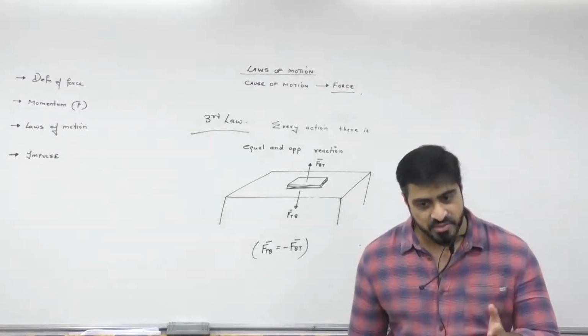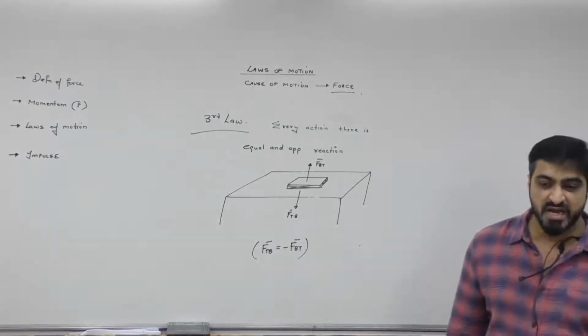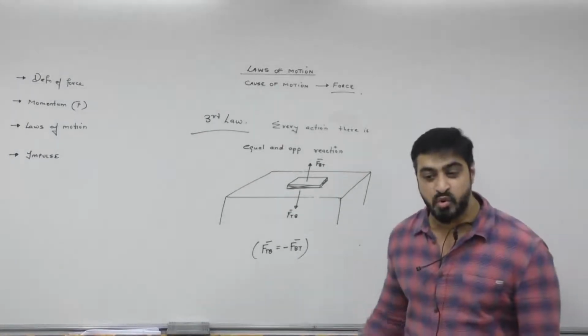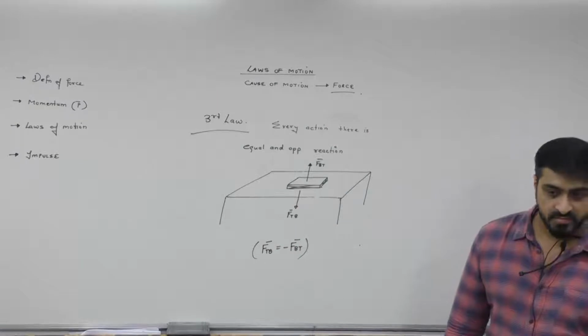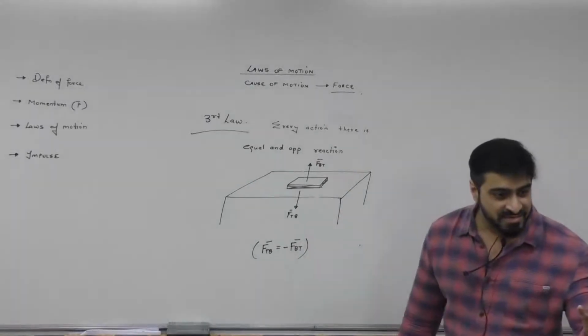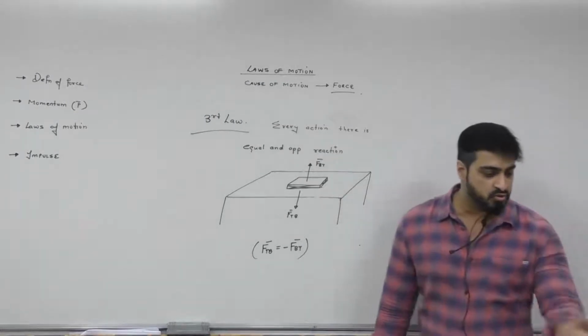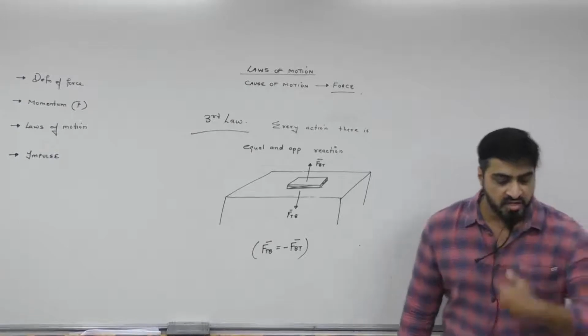Listen, why? I'll give you all your answers now. This is what I am telling you, it is the third law. They will not cancel out each other because they are acting on two different bodies. F_TB is acting on the table. F_BT is acting on the book. How can they cancel? One force is acting on him, other force is acting on me.